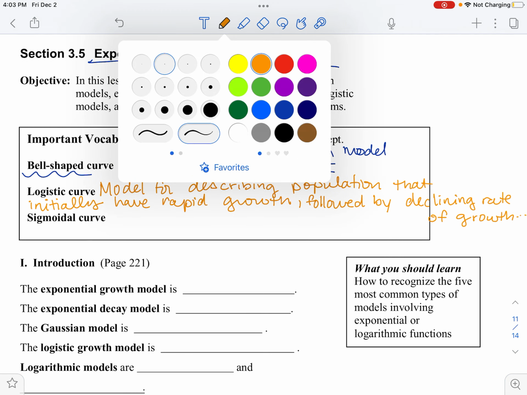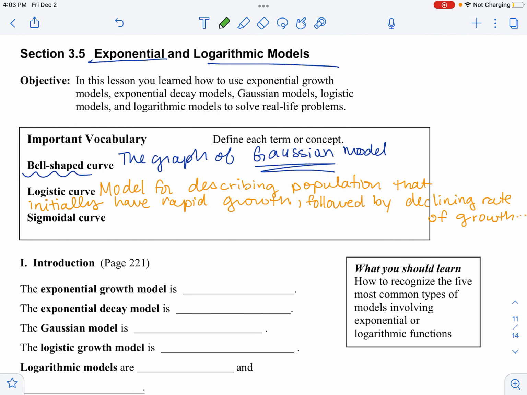And then a sigmoidal curve is just another way, or AKA, also known as, logistic growth curve.